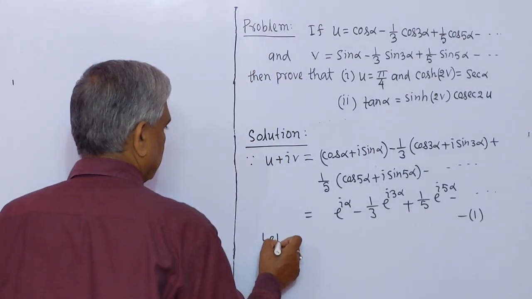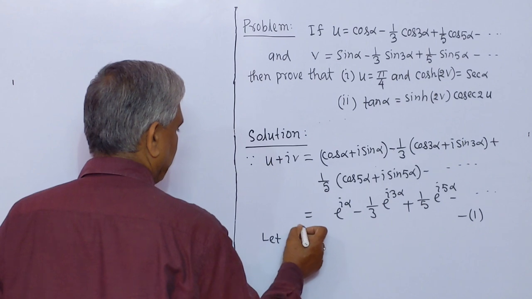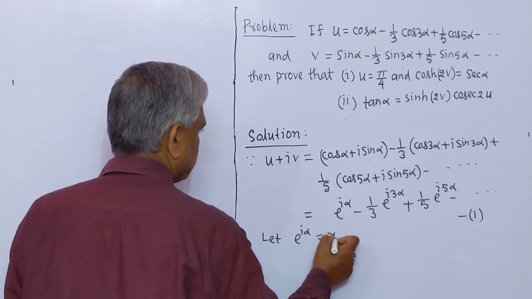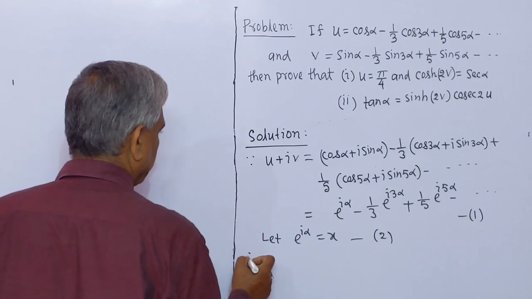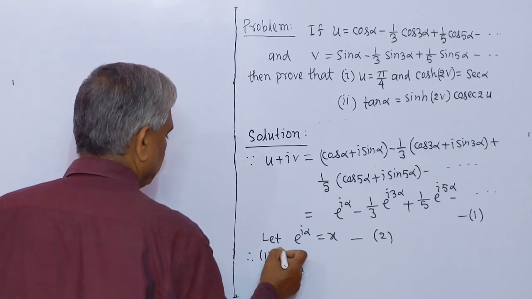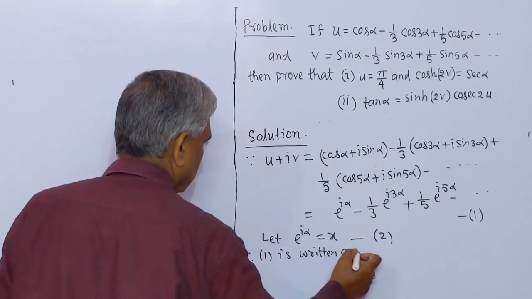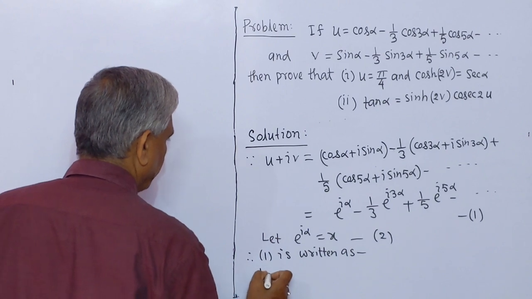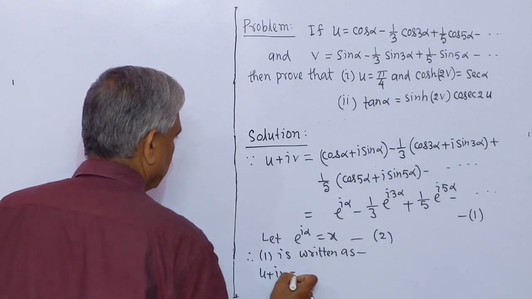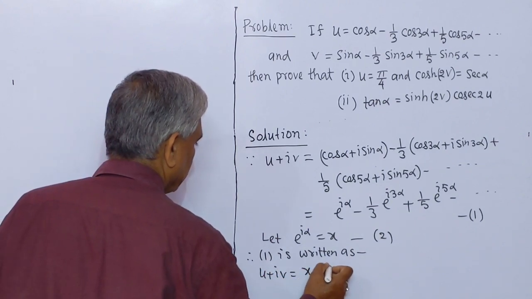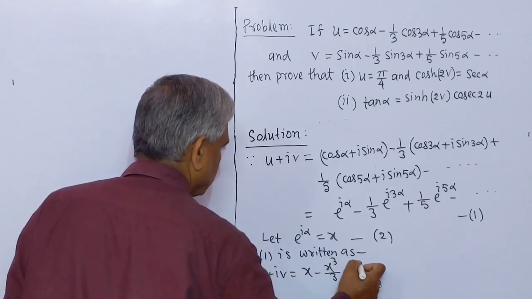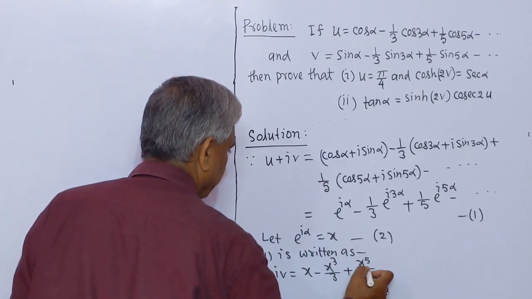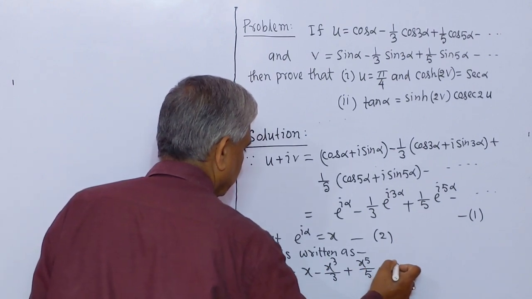Let e to the power i alpha equal to x. This is number 2. Therefore 1 is written as u plus iv equal to x minus x cube by 3 plus x to the power 5 by 5 minus dot dot dot.